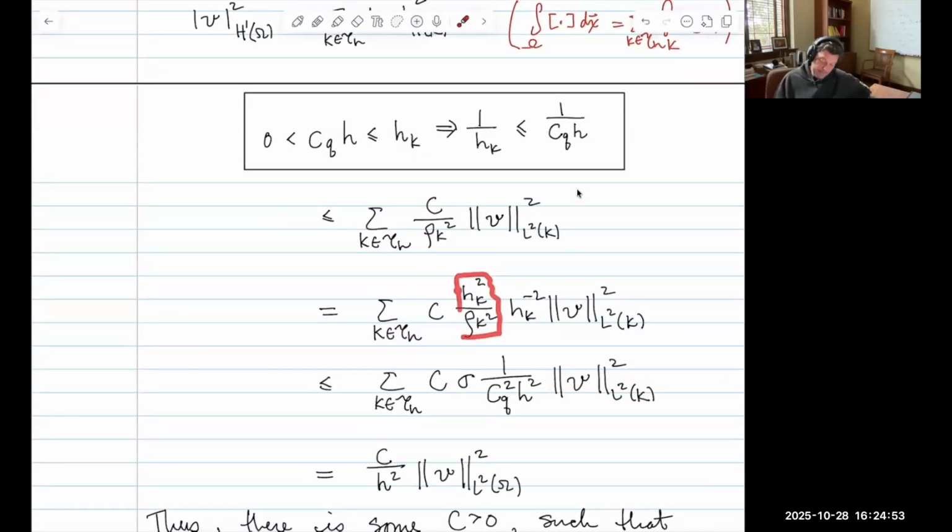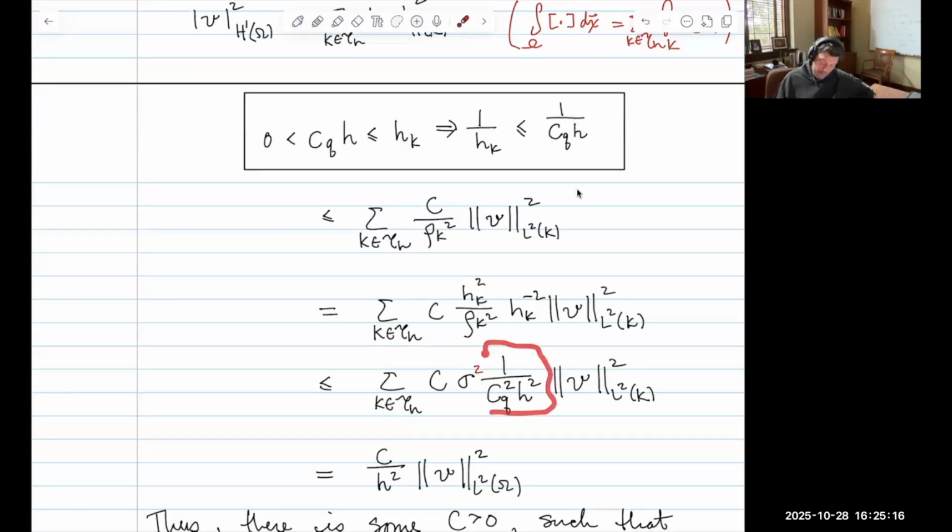This is going to be what? This is going to be like sigma squared. And then what about this guy? Well, what's left is 1 over hk squared. 1 over hk squared is going to be less than 1 over cq squared h squared.